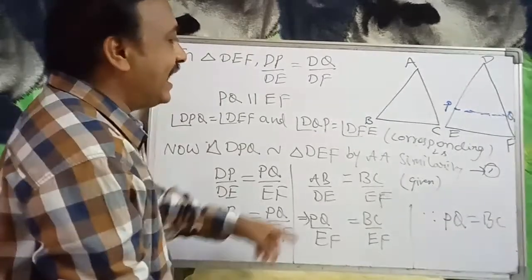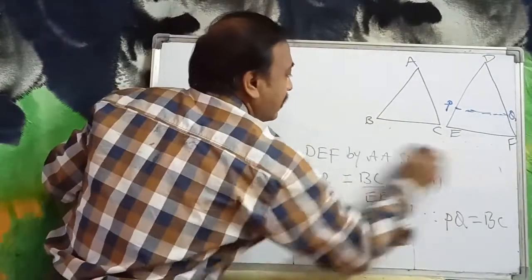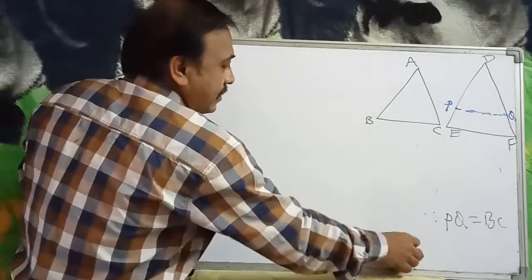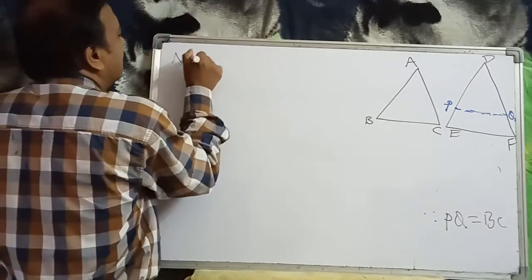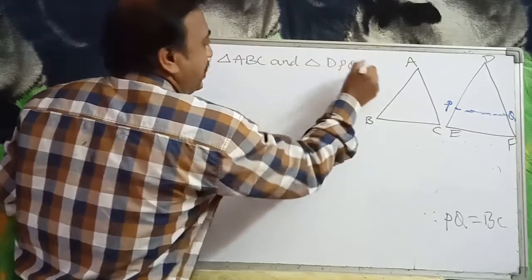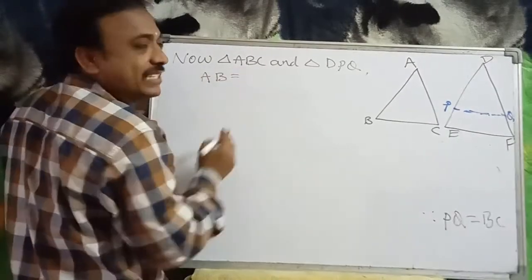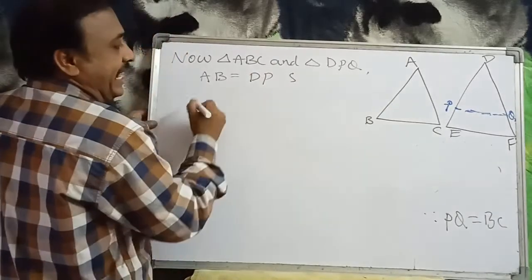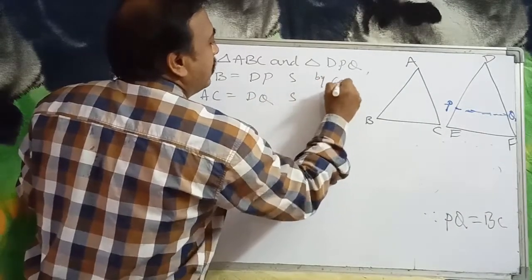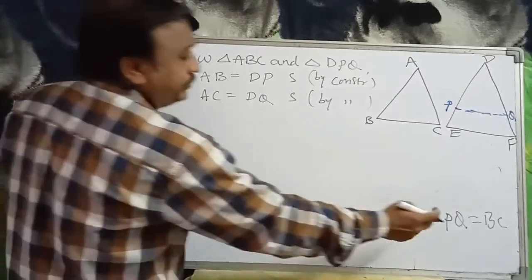Now, triangle ABC and triangle DPQ. As we know, according to our construction, AB is equal to DP, this is a side, and AC is equal to DQ, this is also a side by construction, and we proved now PQ is equal to BC.